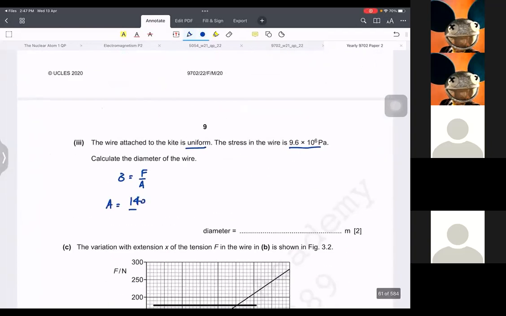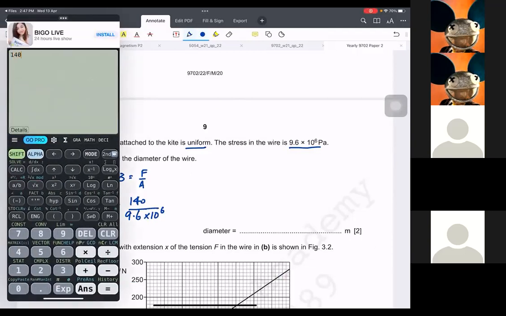So 140 divided by the stress, 9.6 times 10 raised to power 6. So this gives me 1.45 or 46 times 10 raised to -5.